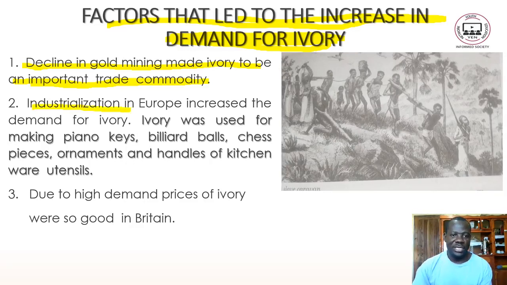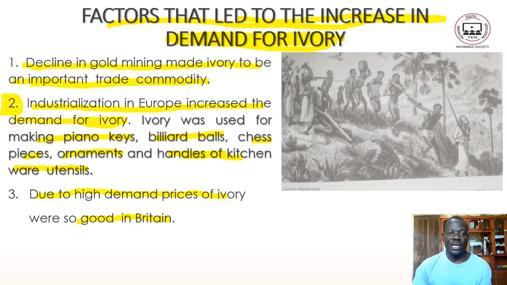And also industrialization in Europe increased the demand for ivory. So ivory was used for making pianos, billiard balls, chess pieces, ornaments, handlebars, or handles of kitchenware or utensils. So due to high demand, prices of ivory were so good in Britain. So we see the second factor is industrialization.